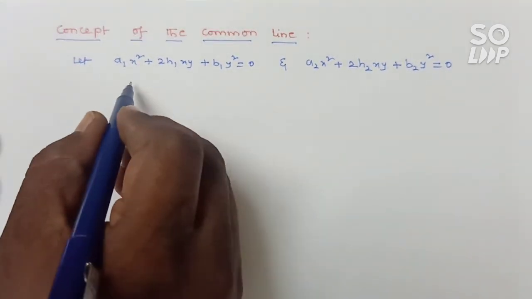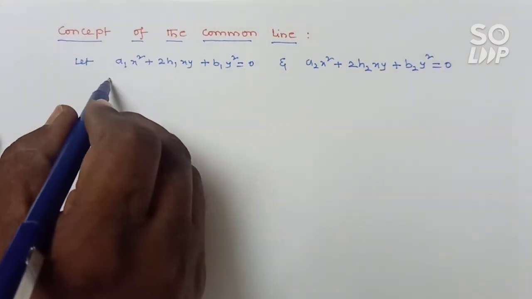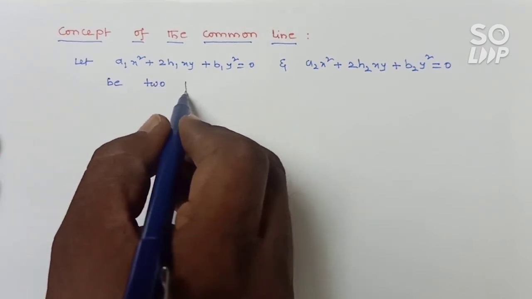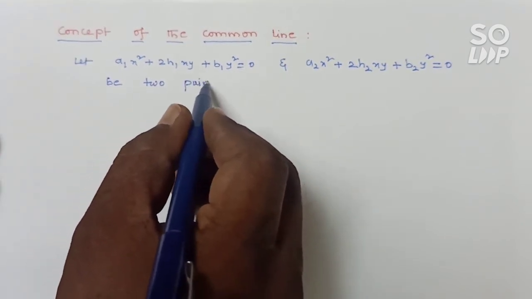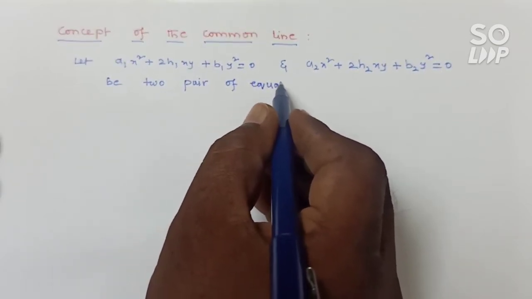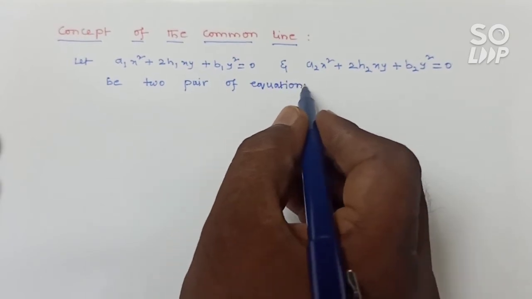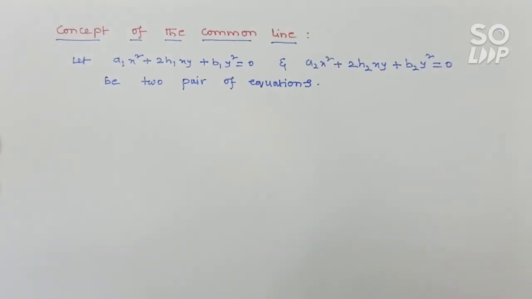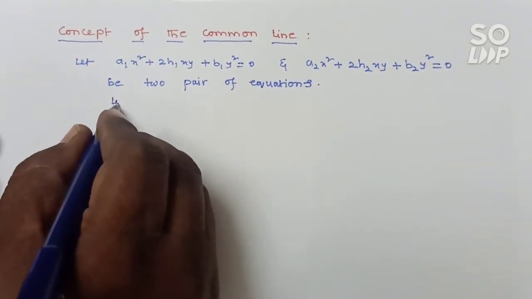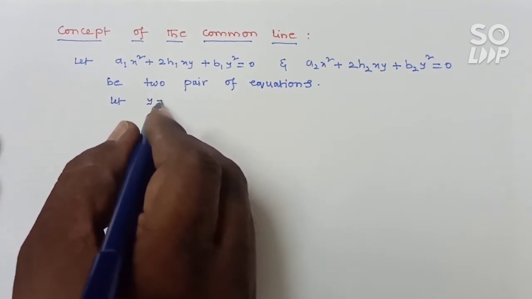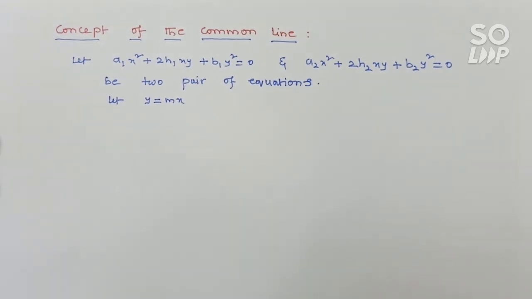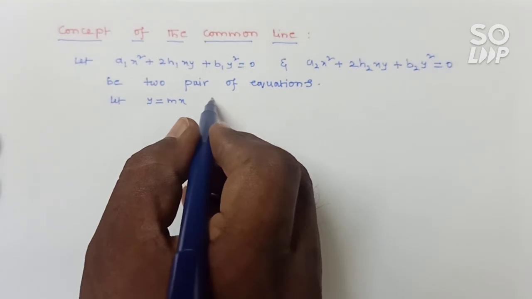Here these two are the two pair of equations. And now you take that one line is common in both equations. Let y is equals to m into x.